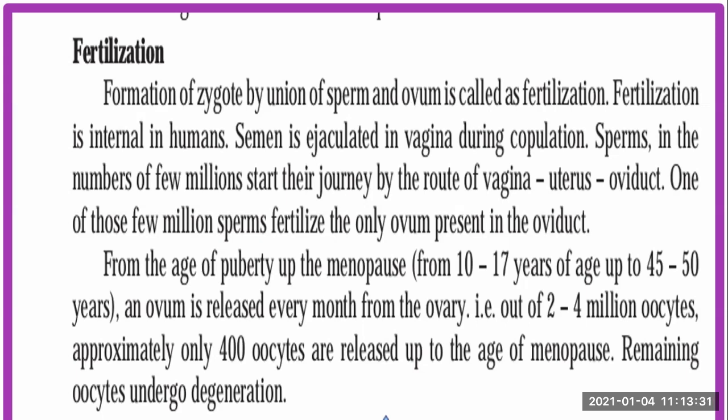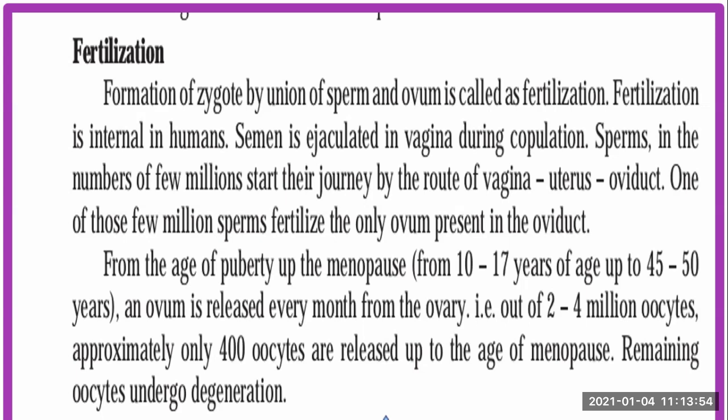So sperm, in the numbers of a few millions, start their journey through the vagina, then to the uterus, and then finally to the oviduct, that is the fallopian tube. One of those few million sperms fertilizes the only ovum present in the oviduct. Only one ovum will be there.